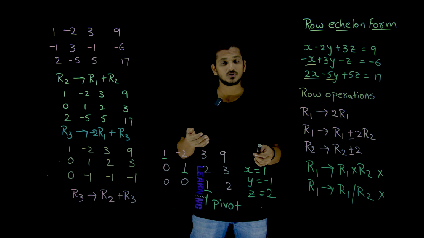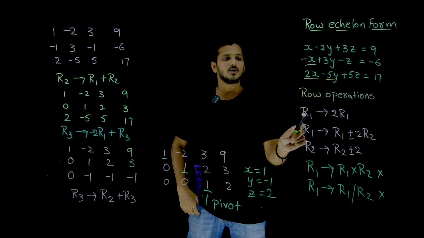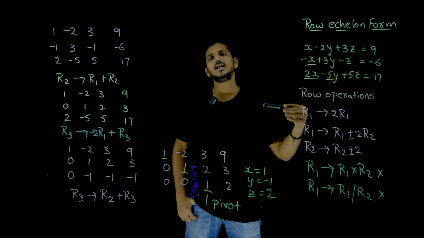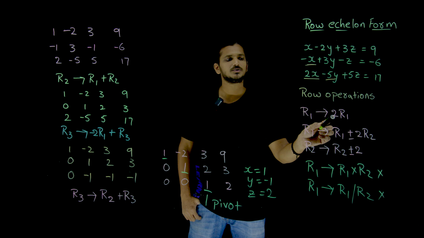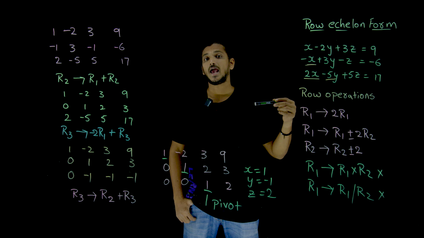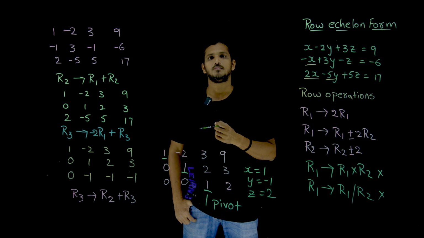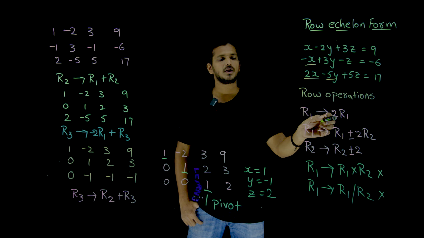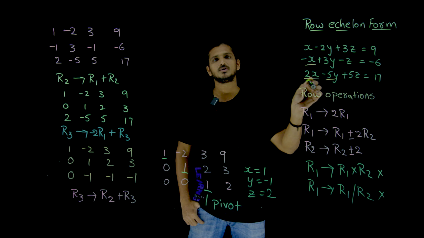What kind of row operations we are able to do here: row 1 can be multiplied with some scalar. Not only row 1, any row can be multiplied with some scalar. This row operation is allowed here because it is not affecting our system of linear equations. Even though you multiply with 2, our system of linear equations is the same.